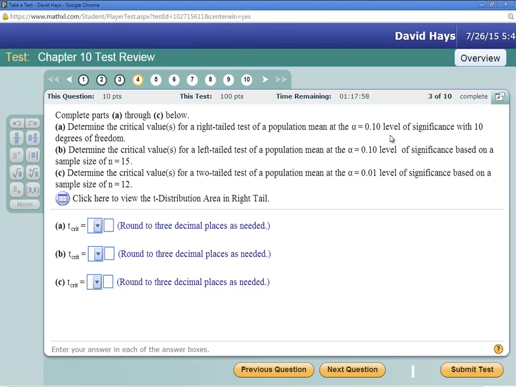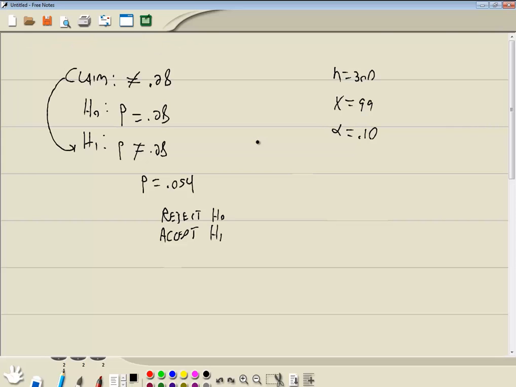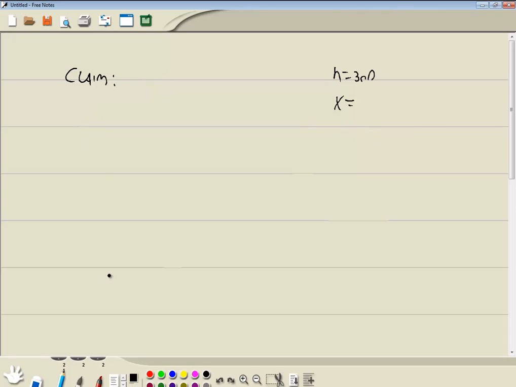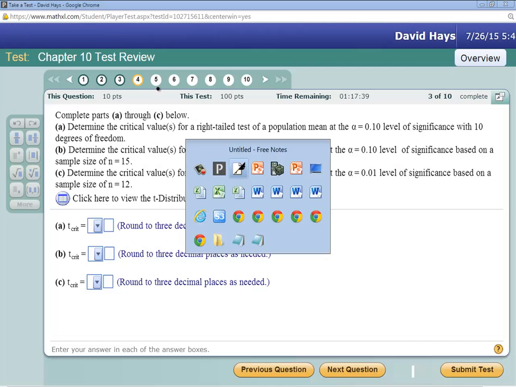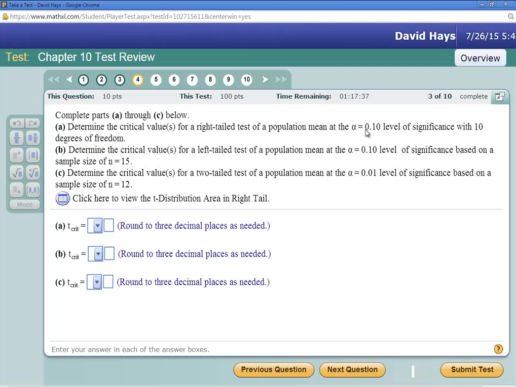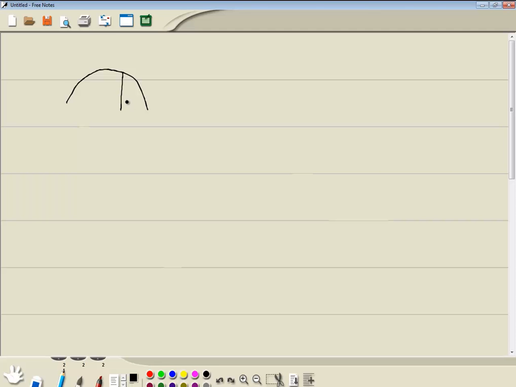For our first one, with 10 degrees of freedom, it says for a right-tailed test. Let's draw a picture so we can understand what's going on. We got a right tail, and alpha is 10%, so I'll put 10% there. If that's 10%, then this will be 0.90. And this is the value we're trying to find.